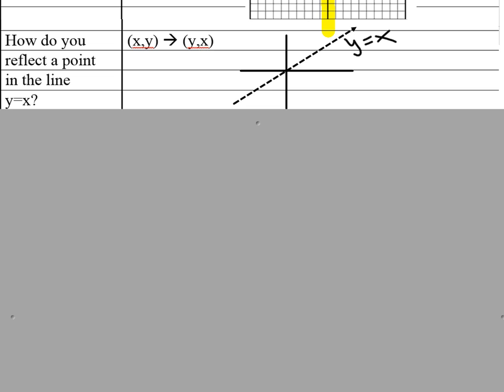So if we're reflecting a point over the line y = x, we actually flip-flop our x and y values. So let's say that we had the coordinate -2, +3. Then what we would do to reflect it over the line y = x is we would flip-flop the x and y values. So (x, y) would become (y, x), or -2, 3 would become 3, -2.